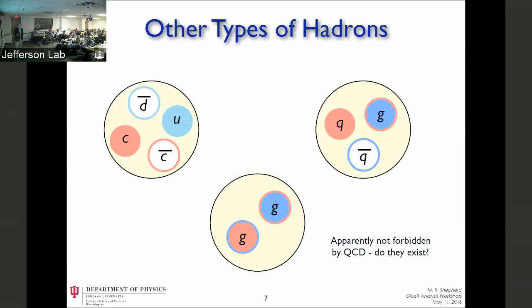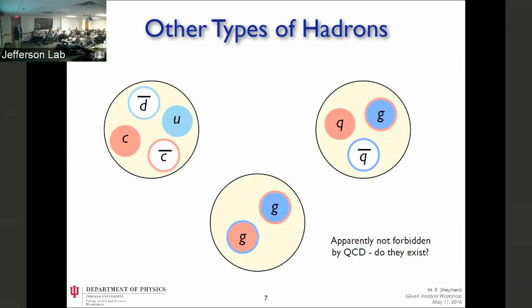So again, pictorially, these other types of things can certainly exist. This seems to satisfy what we know about QCD and the interaction, that you have a net colorless state, as does this one, as does this one. So my convention in drawing these funny little pictures is that this is like red anti-red, so whatever's on the outside is the anti-color, and that helps when you have gluons because they're combinations. This is like a blue anti-red gluon, and a blue anti-red gluon, and a red anti-blue gluon.